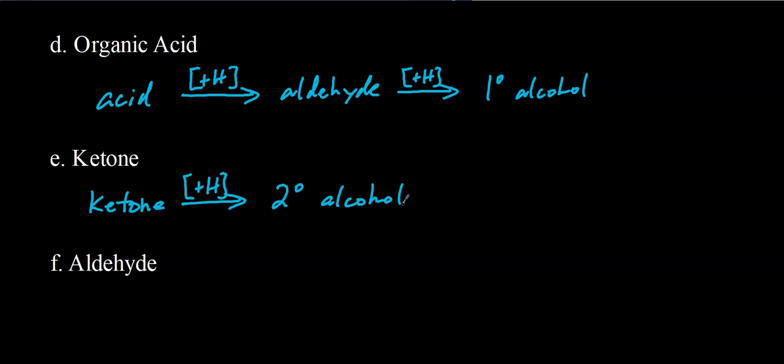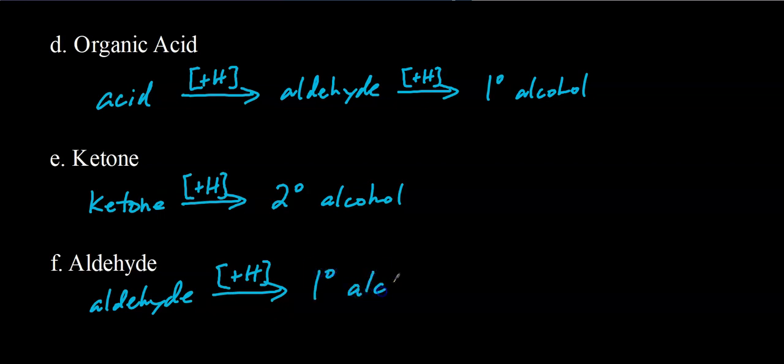And then lastly, we can reduce an aldehyde. This reaction will occur via lithium aluminum hydride. And this reaction will produce a primary alcohol. So again, very much the opposite of what we saw with oxidation.